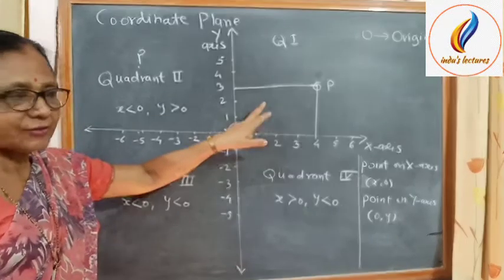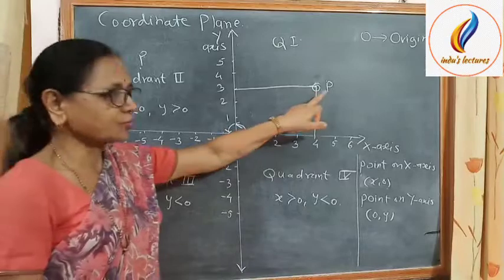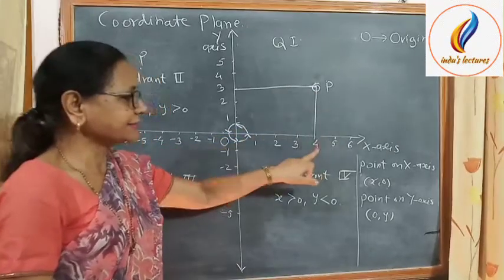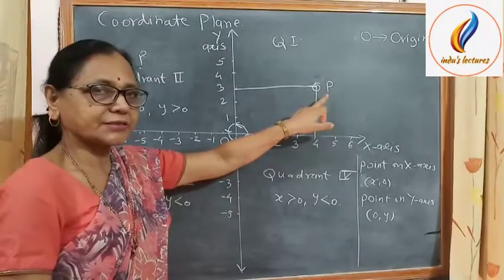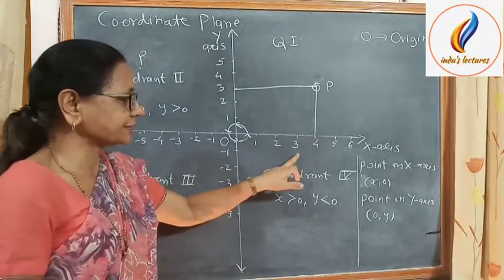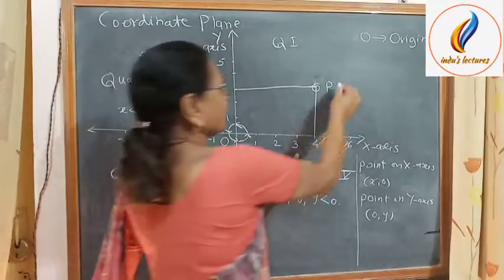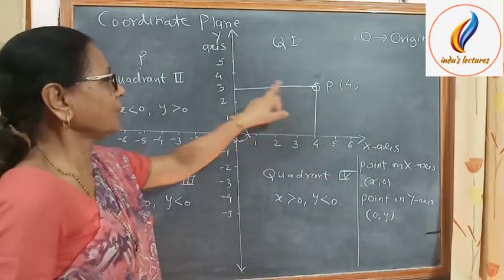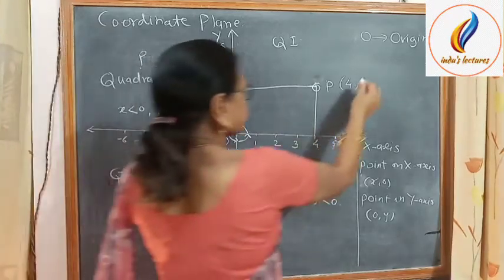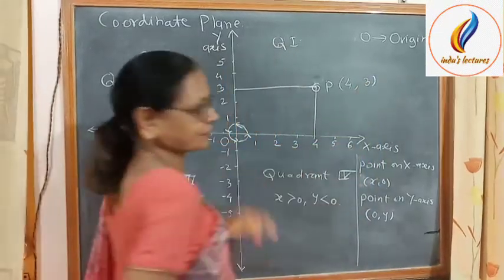Easily we can observe that the distance of the point P on the x-axis is 4. So its x coordinate is 4. And the distance of the point on the y-axis is 3. So its y coordinate is 3.